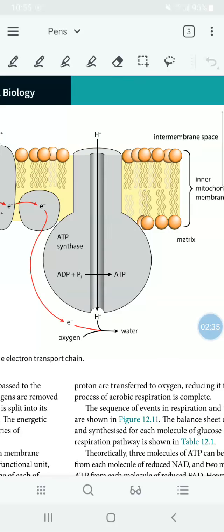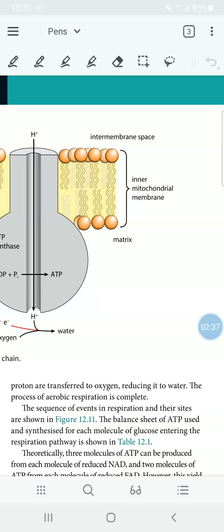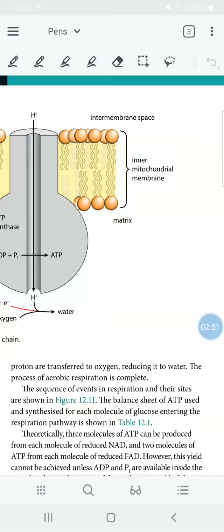So this particular process happens inside the inner mitochondrial membrane. And let's see how the events unfold here.